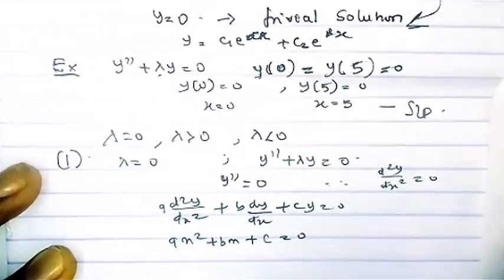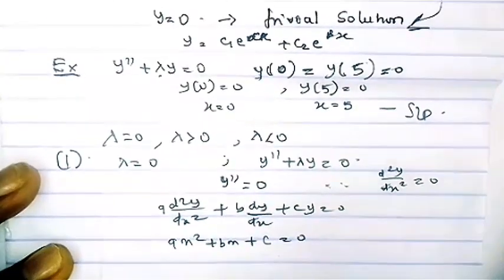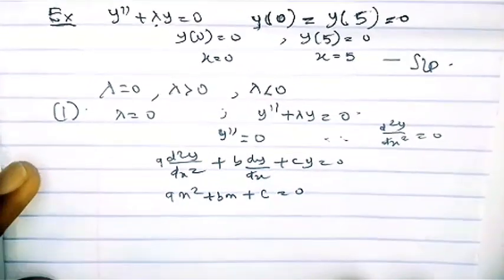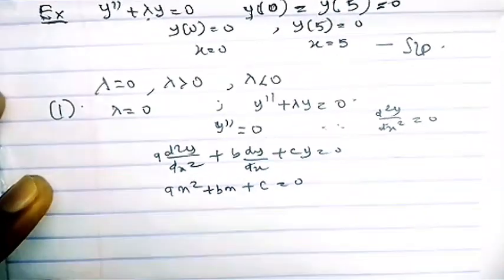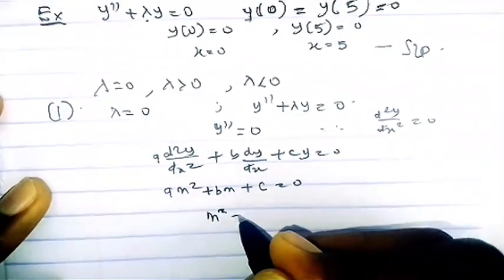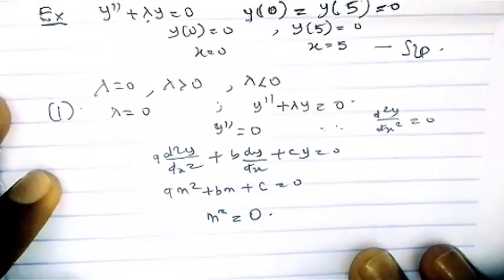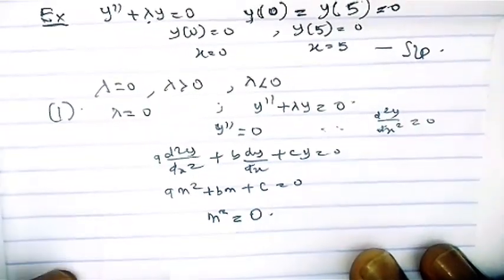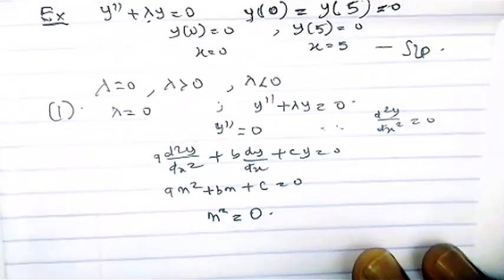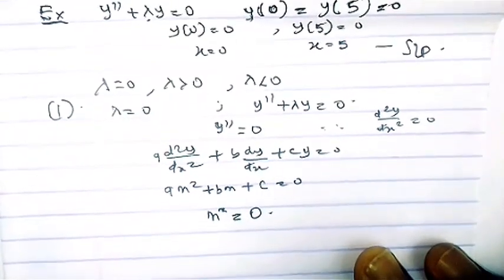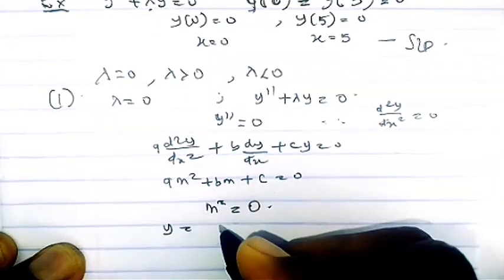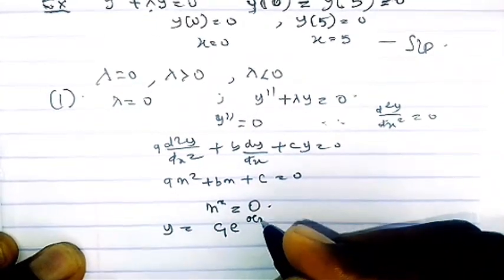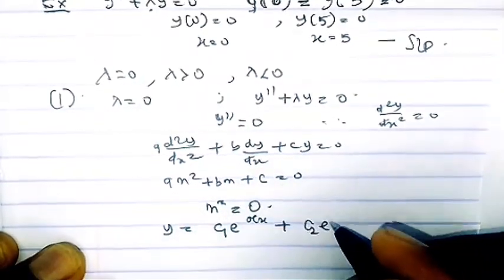This is an auxiliary equation, right? Hope you have not forgotten. So looking at the y double prime there, my auxiliary equation will be given as m squared equals 0, right? Now, if you can remember the standard solution to a second order equation, you'll be having something like this: y is equal to c1 exponential alpha x plus c2 exponential beta x.